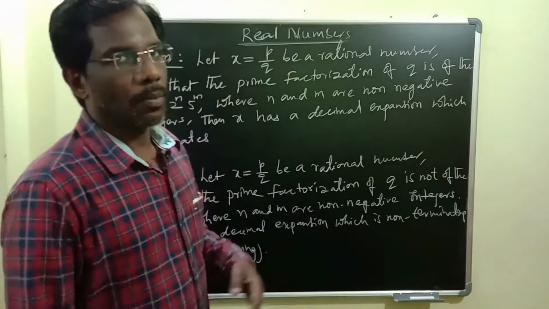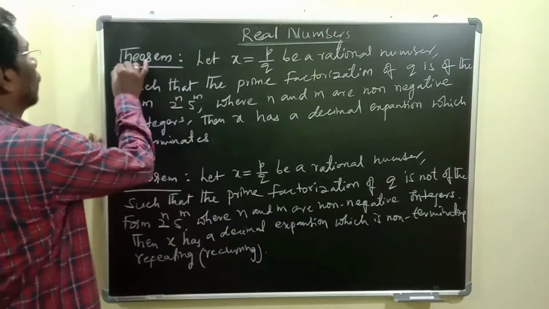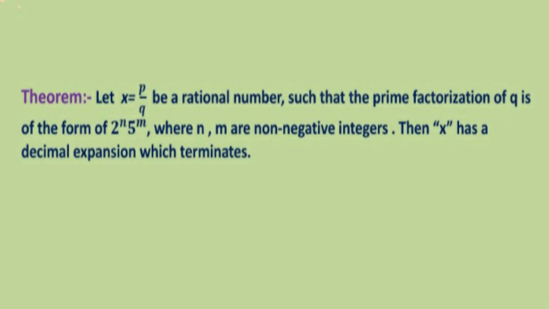The first theorem is: let x equal p by q be any rational number, such that the prime factorization of q, the denominator, is of the form 2 power n into 5 power m, where n and m are non-negative integers.